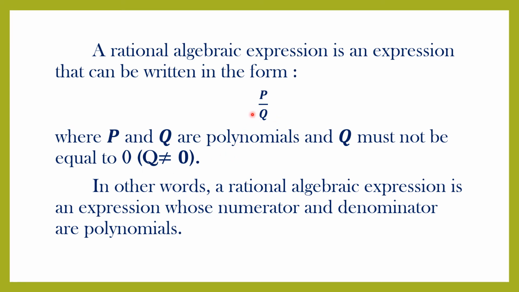Q must not be equal to 0 or the denominator must not be equal to 0. So, in other words, we can say that a given expression is a rational algebraic expression if the expression whose numerator and denominator are polynomials. So, sasabihin lang natin siya na rational algebraic expression kung yung numerator niya and denominator are polynomials.